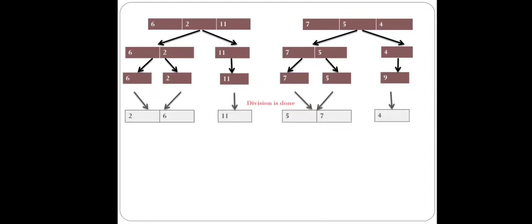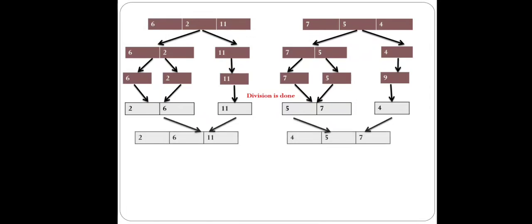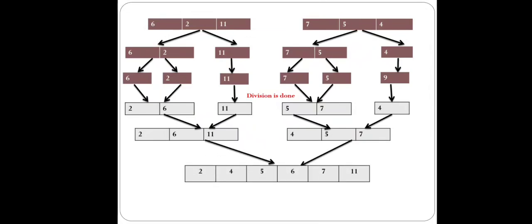So we are going to sort, and we are giving the solution to the upper sub array, and continuously we are sorting and giving our solution to the upper sub array.